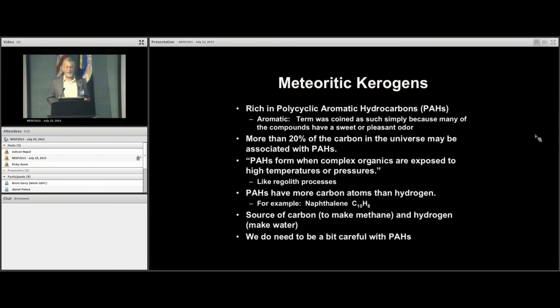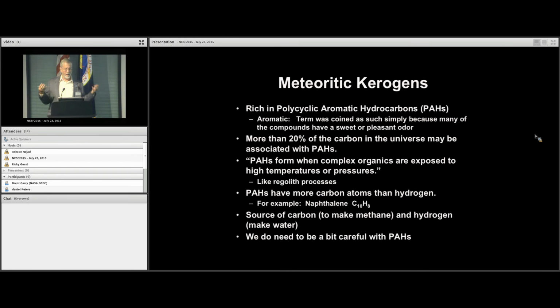Actually, more than 20% of the carbon in the universe is probably associated with these polycyclic aromatic hydrocarbons, which I'm going to call PAHs. And PAHs are basically residuals of high-temperature and high-pressure reactions. There's a bunch of ways you can get these kinds of reactions, but essentially it's residual material.